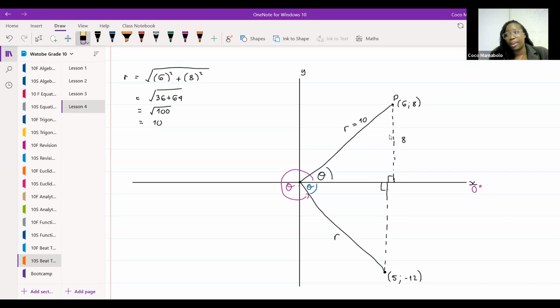Pop your answer for R in the chat when you're ready. Good, excellent. Anna and Samuel, you are so fast. Well done, Nico. R is equal to 13, good.